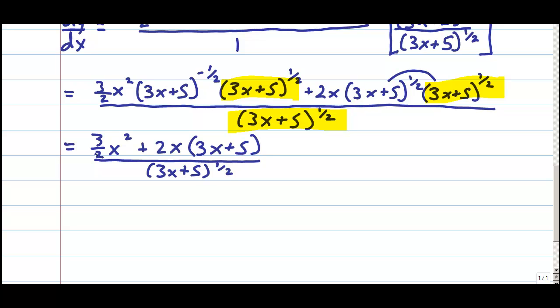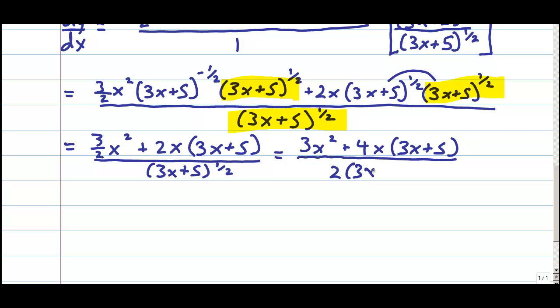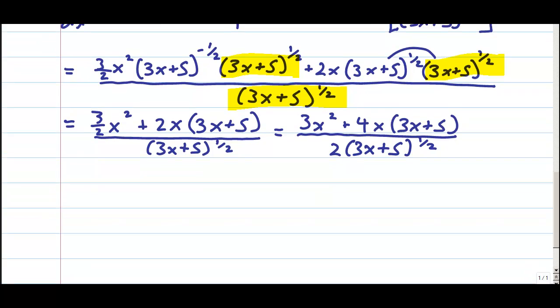Now I still don't like the fact that there's a fraction up here, this 3/2. So what I want to do is multiply the top and the bottom by 2. And then I get 3x squared plus 4x times 3x plus 5.